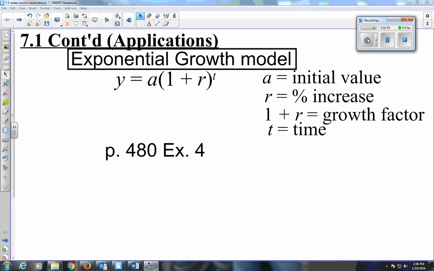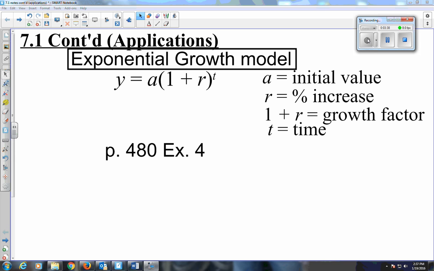When you see statements like, in the year 2050, this is going to be the population of the Earth, this is the kind of model they use. They say the population is increasing by 5% a year, 2% a year, and they create this kind of model. Obviously, for the entire Earth it's not going to be this simple of a model, but this is the idea. This is how they approach those kinds of things.